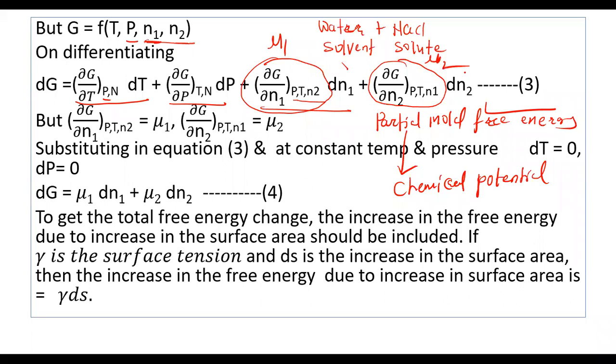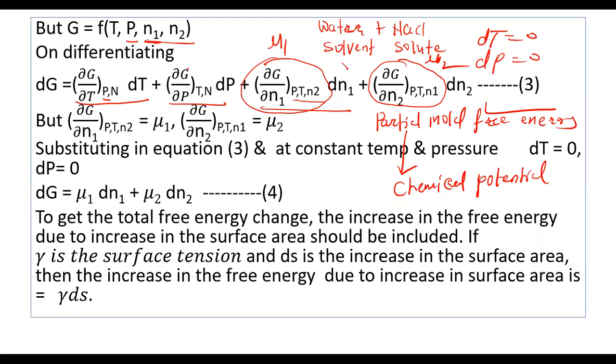Now, at constant temperature and pressure, suppose we keep the temperature constant and the pressure constant. Therefore we can write dT equal to 0, no change in the temperature, and similarly dP equal to 0.